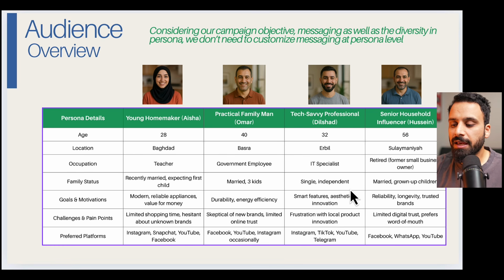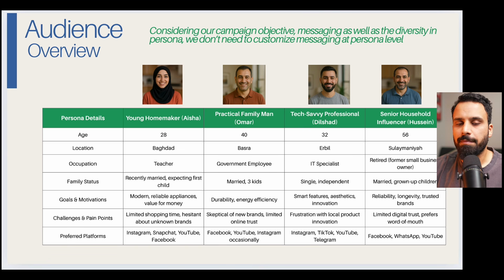For example, the messaging that will convert an Emirati is different from someone from India or the Philippines or European countries, because they have different preferences when it comes to messaging, what they prefer in a product. Do they prefer price? Do they prefer safety or whatever? But in the case of Iraq, there's not much difference in messaging basically, because we are just saying that this is the platform where you can buy, sell your house or car.